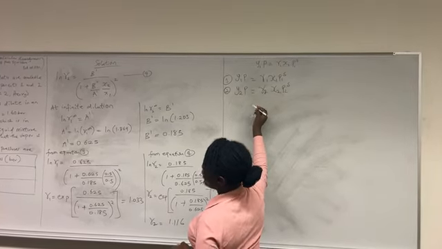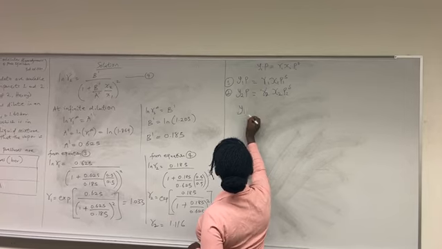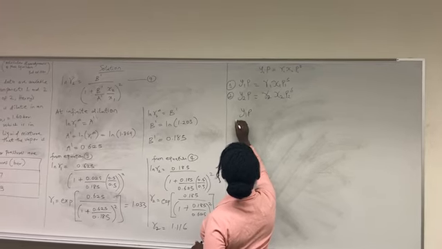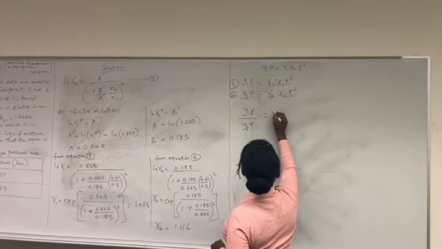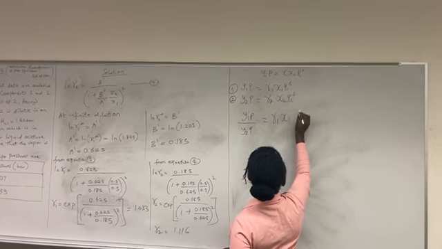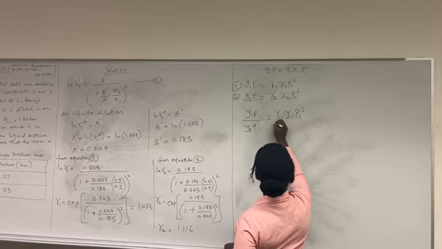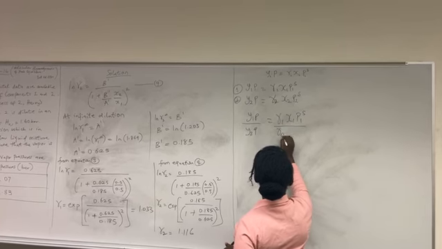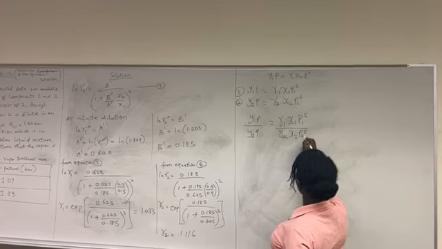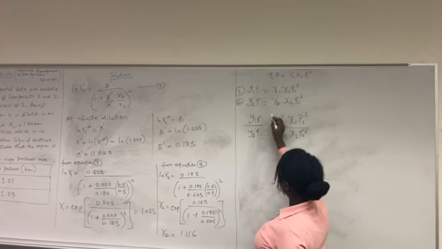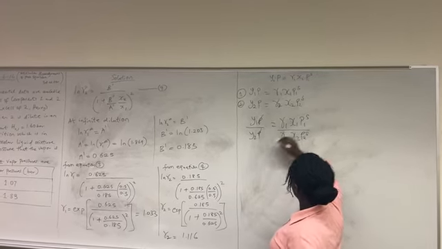So we are going to get Y1P on Y2P equal to gamma 1 X1 P1 saturated all over gamma 2 X2 P2 saturated. And we know that P is going to cancel out.